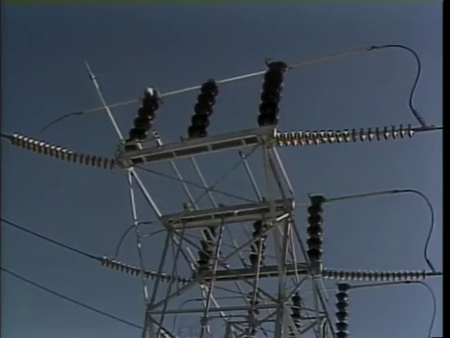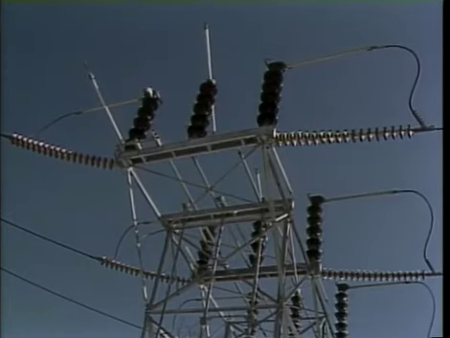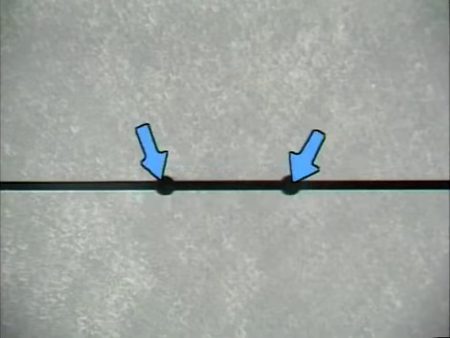An arc is a bright discharge of electricity that crosses a gap in a circuit. Arcs often occur when a switch on an energized circuit is opened. In this simplified illustration, this line represents part of an energized circuit, and this represents a switch with 2 contact points. The arrow shows the direction in which current flows.